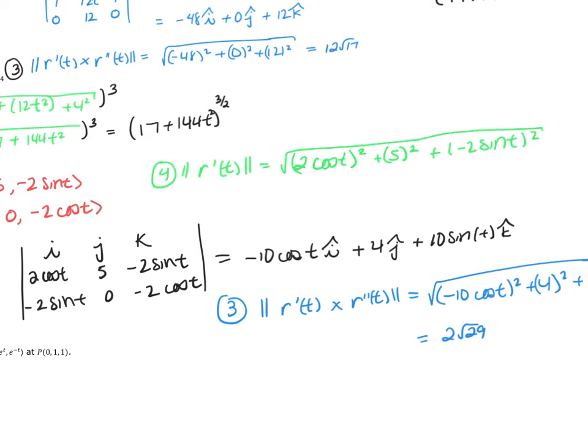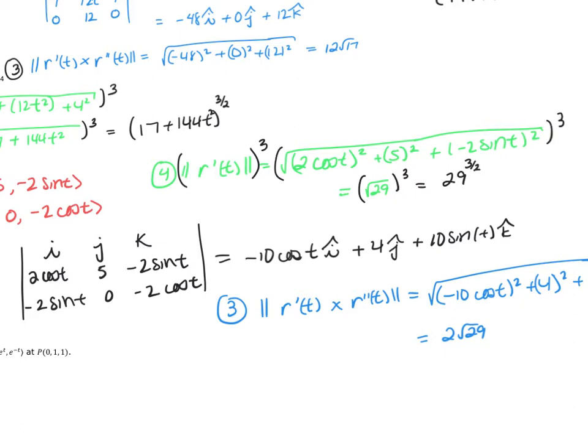And we know at this point that my sine squareds and my cosine squareds are going to become 1. This should be feeling comfortable at this point. So this is going to give us the square root of 29. And once again, we are raising it to the third power, which gives me 29 raised to the 3 over 2.